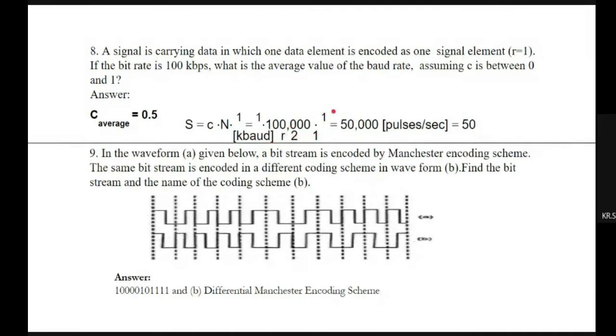So the final value is 50,000 pulses per second, which converts to 50 kilopulses per second. That is the final signal rate.